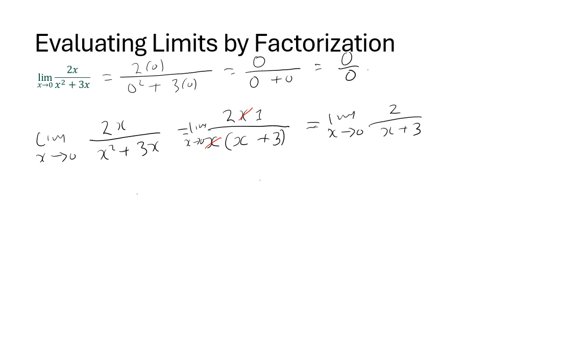Now I can apply the limit. Wherever I have x, I replace it with 0, since x approaches 0. So I will have 2 divided by 0 plus 3. So the limit is 2 over 3.